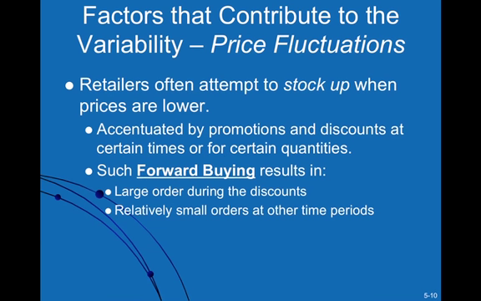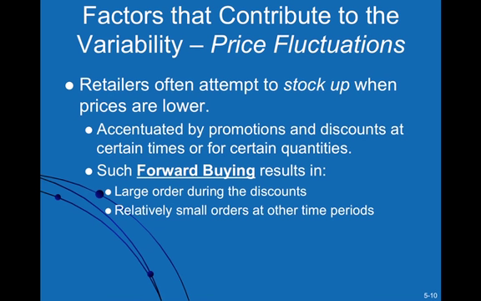Price fluctuations also contribute to variability. If you keep offering discounts and sales, then in a case like that, you begin to see some variations in customer orders. All right. In some cases too, retailers try to stock up when prices are lower.